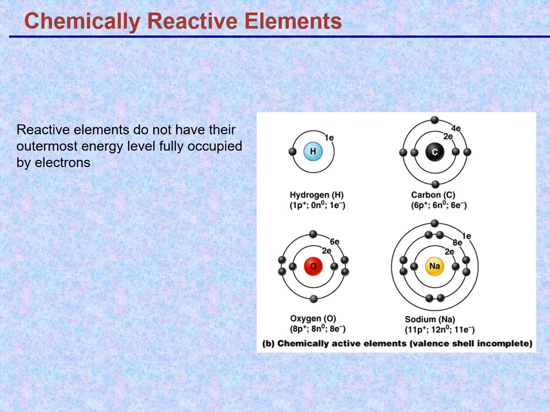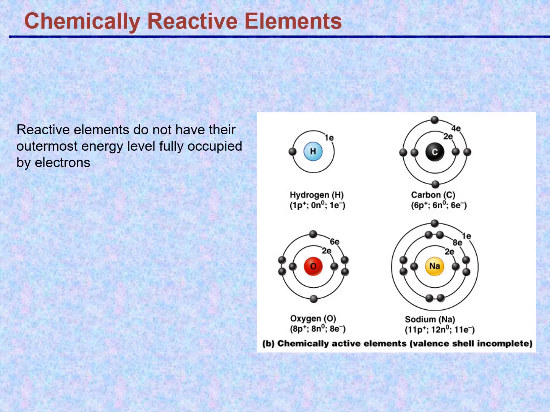These examples here do not have full outer electron valence shells, and therefore are potentially reactive with other atoms. They could gain or lose or share electrons with some other atom, and therefore these are considered to be chemically reactive elements.